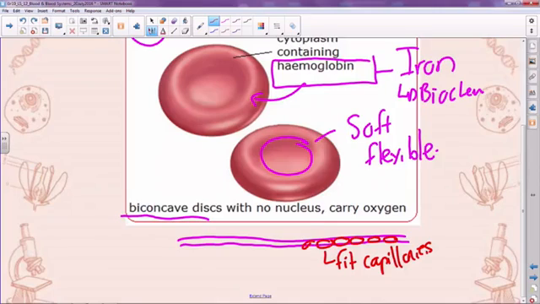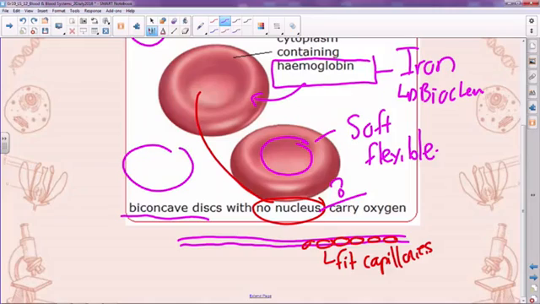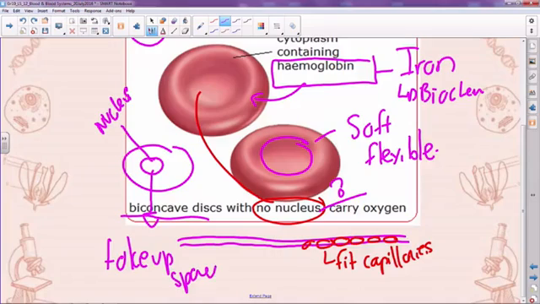Now what we notice is it doesn't have a nucleus. Why does it not have a nucleus? Imagine, here's the cell, here's the nucleus. What would the nucleus do? The nucleus would take up space. And why do we want that not to happen?